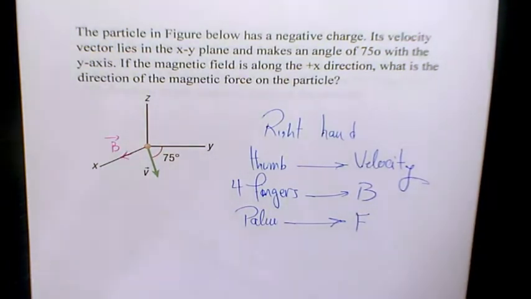And since it's a negative charge, as it says here, we need to make the final answer opposite. Or we need to use the left hand. So you use only one of them.